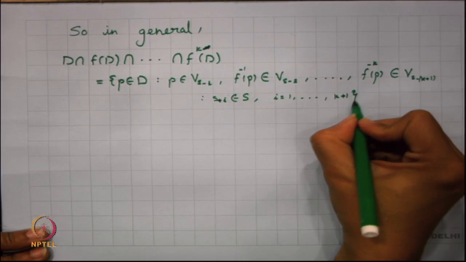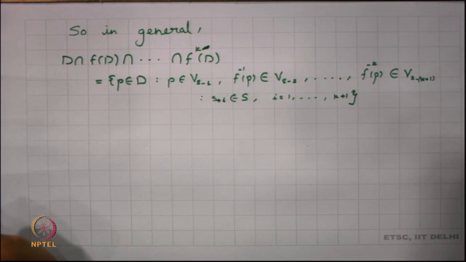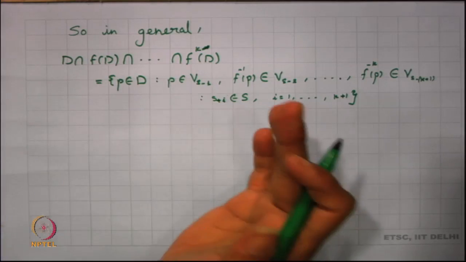This is what happens in the general instance when we are taking k iterations.